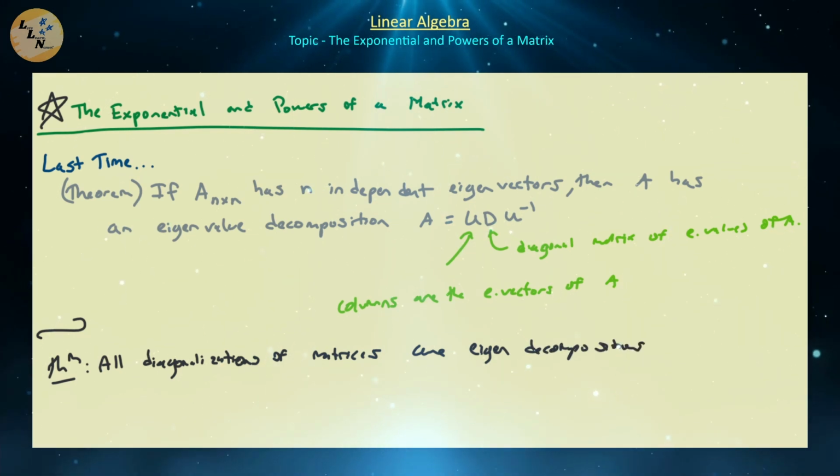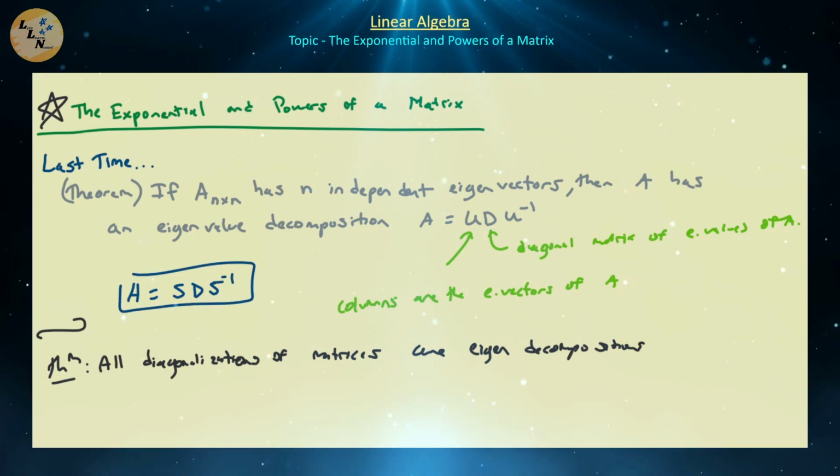When we first introduced diagonalizations, we said A is equal to S D S inverse, where S is some invertible matrix. One can show that all diagonalizations are indeed eigenvalue decompositions. That is, it's sufficient and also necessary that D contains the eigenvalues of A, and S contains the eigenvectors of A in the same exact order as presented on the diagonal entries of D. Of course, that's unique only up to scalar multiples of the eigenvectors and permutations of the diagonal matrix D.